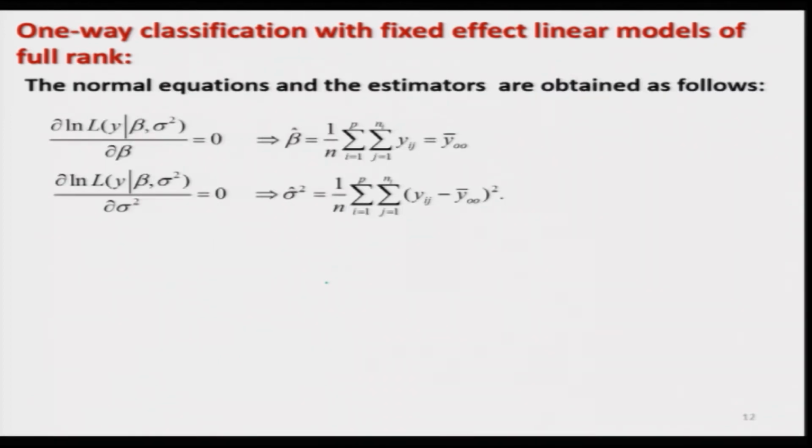When we differentiate the log likelihood with respect to the parameter beta, this gives us the value of beta like this. And if we differentiate it with respect to sigma square, the value of sigma square comes out like this.